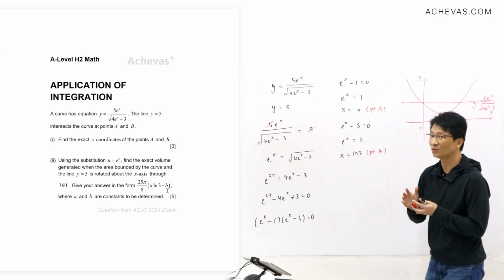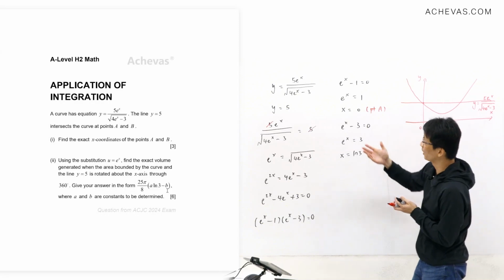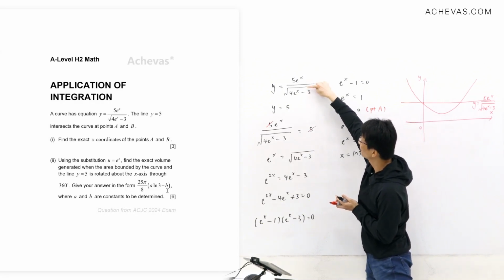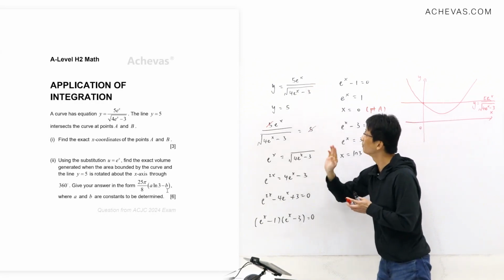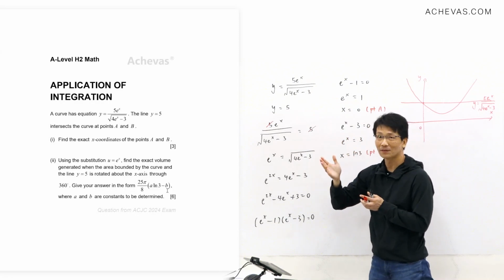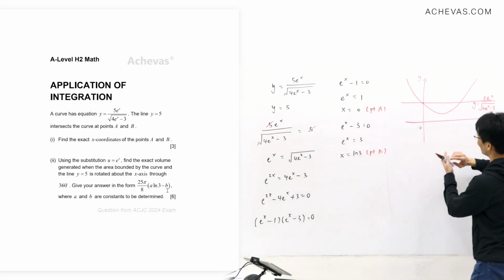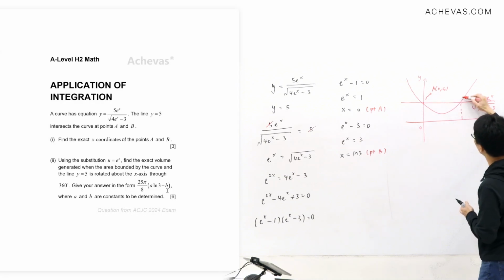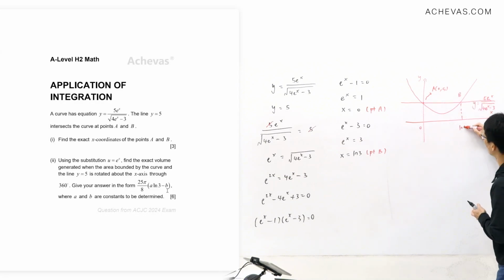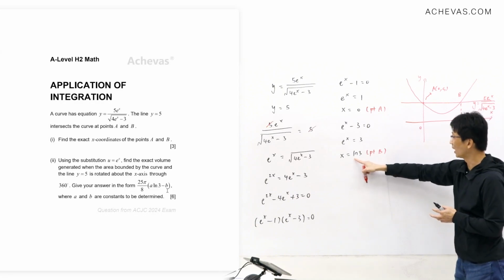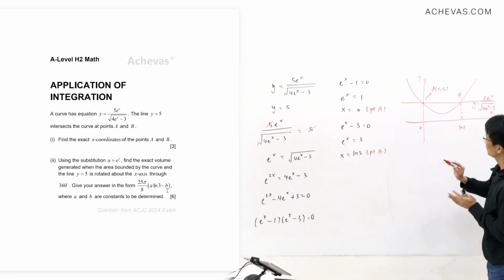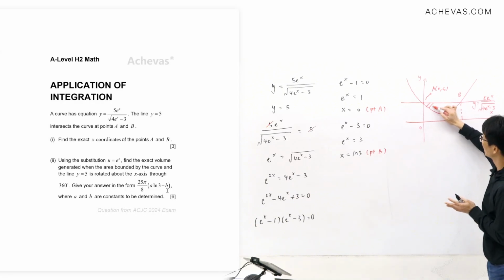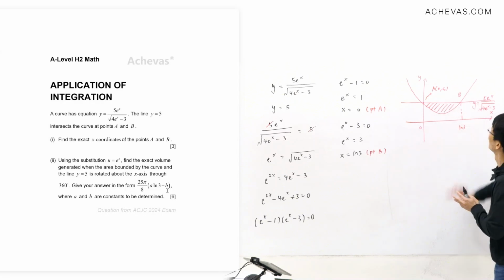We can do a very quick verification: when you sub in x equals 0 here, you should be able to get the point (0, 5). So it happens to be the y-intercept here. So here I will be able to get (0, 5) as my point A. At this point, it will be my point B, which I have found earlier, which is x equals ln 3. So the region bounded by these two will just be this portion here.